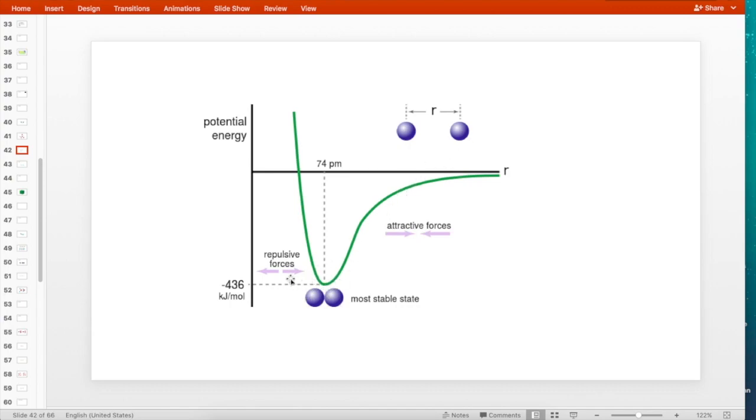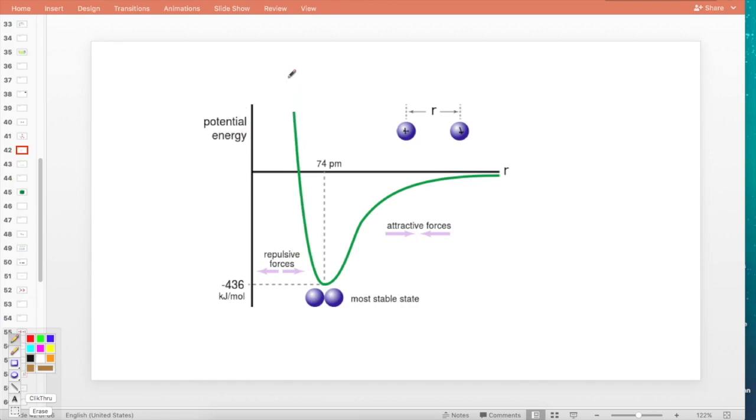If we were to shove the particles even closer, now they would be too close, and their nuclei would start repelling each other. Do you remember what is in the middle of every atom? Yes, the middle of every atom has a positively charged nucleus, correct? If we get the positively charged nuclei of two atoms too close together, they will start to repel each other, and that is very unstable.